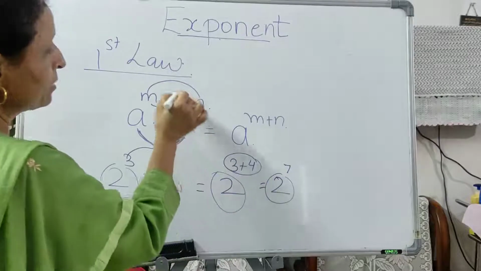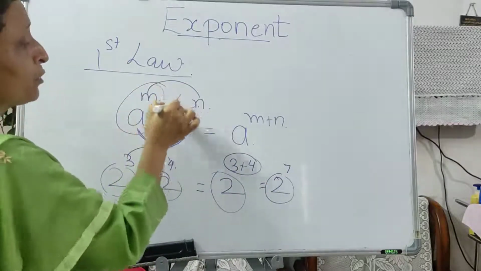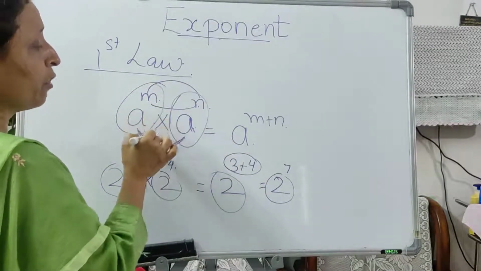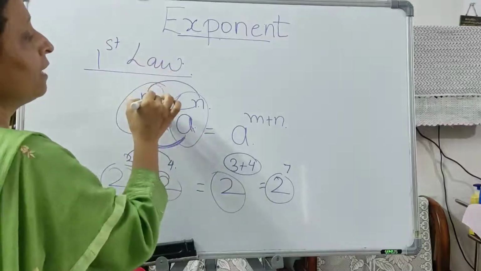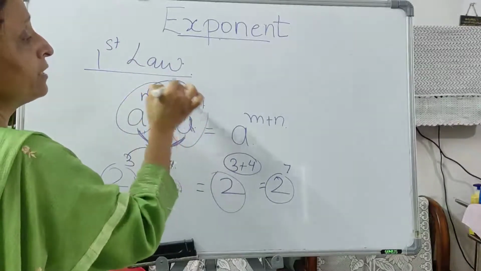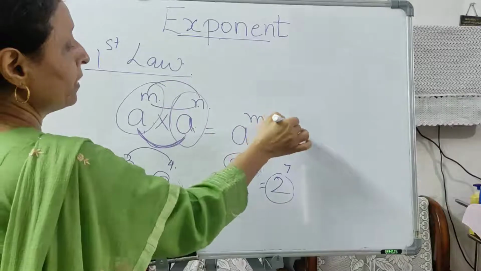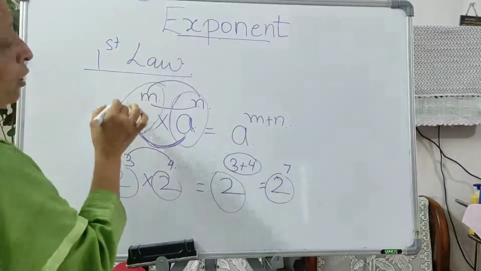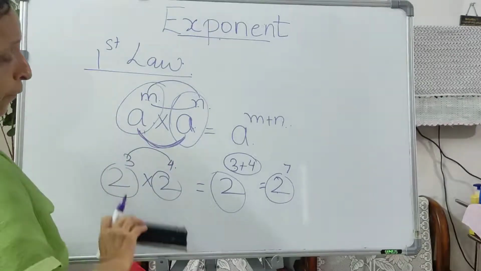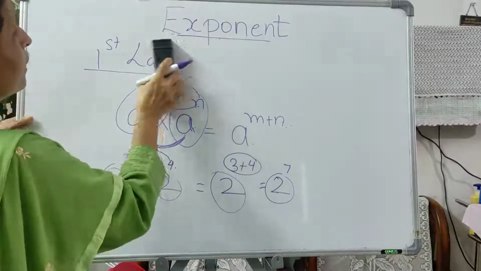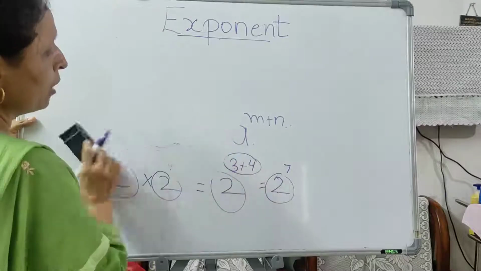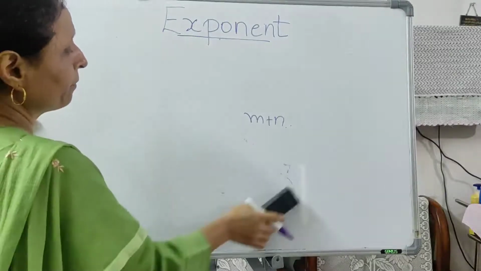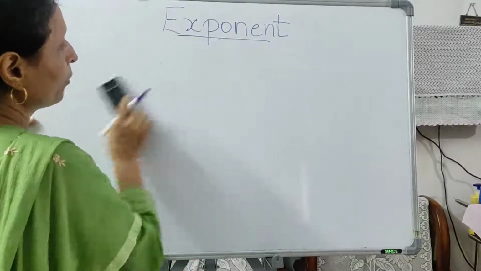When these exponential forms with the same base have to be multiplied, then the exponents can be added. m plus n, 3 plus 4, is 7. So this is the first law, the law of product, because multiplication is taking place, so you get the product.